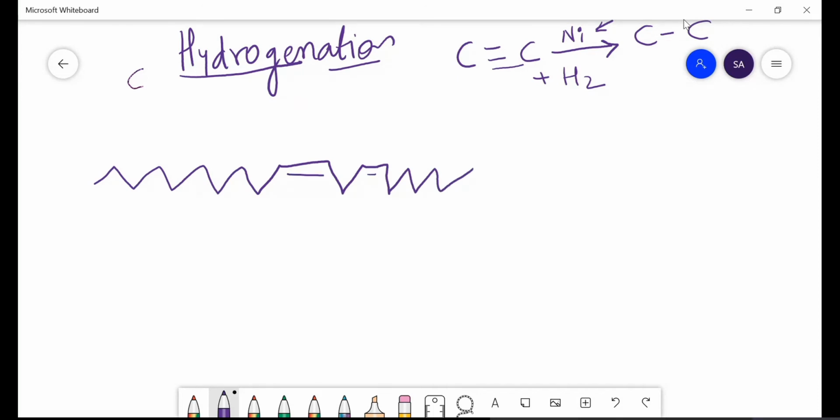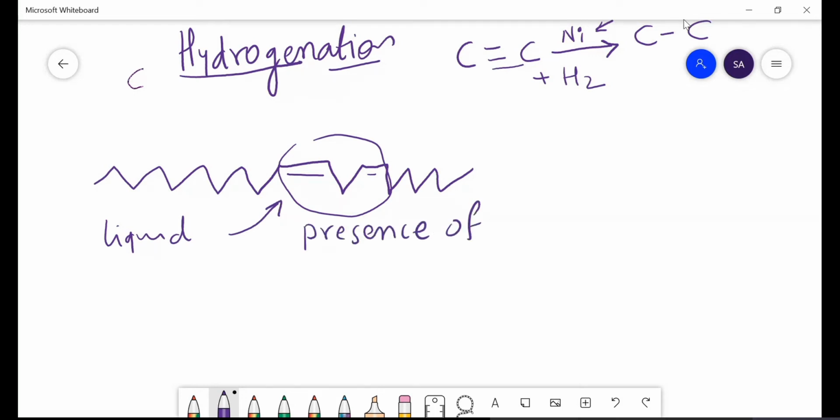The fat which has a double bond, we all know that the liquid nature of the fat is because of the presence of double bond, so in the process of hydrogenation, you add hydrogen here, so that this double bond is converted into single bond.